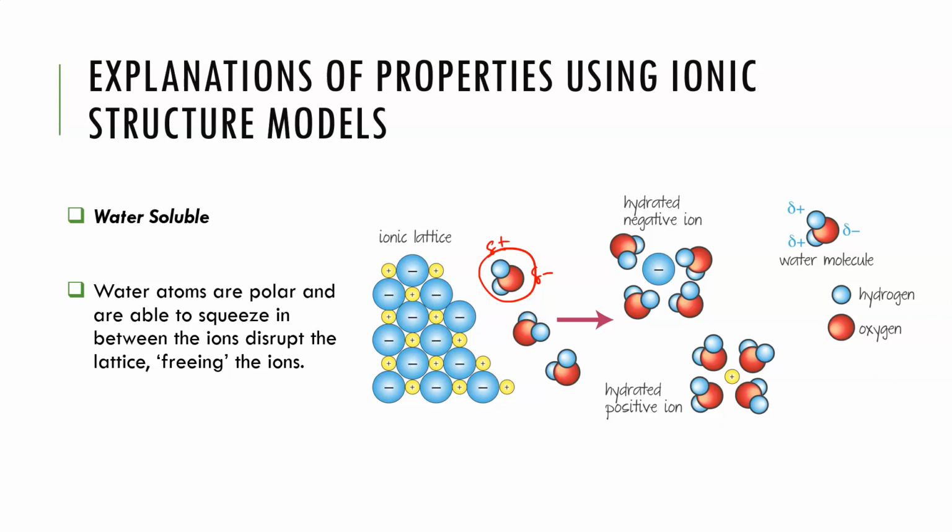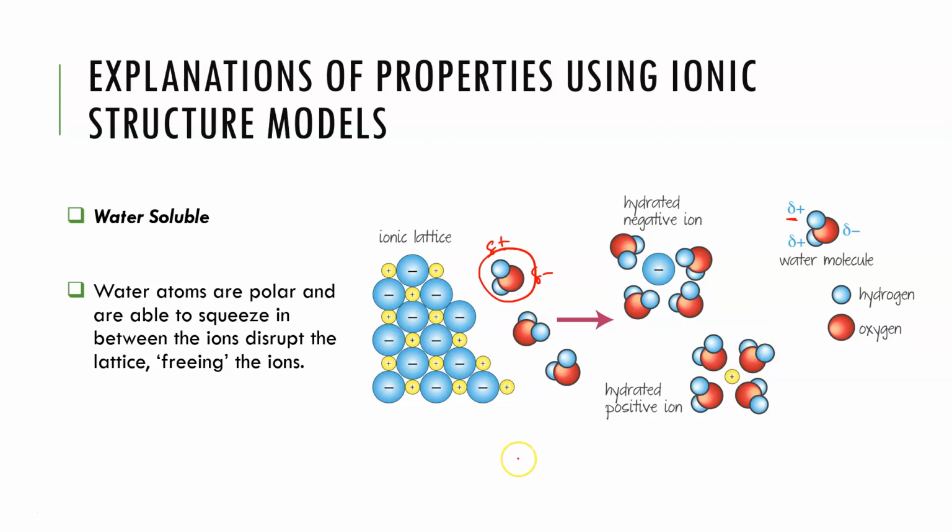So the water molecules have a side to them that is a little bit positive and a side to them that is a little bit negative. This means that the water molecules can ease their way in between the gaps in the ionic lattice, and the slightly positive side will orientate itself around negative ions, and the slightly negative side will orientate itself around positive ions.